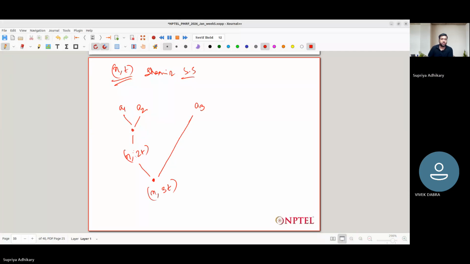So A1, A2, A3. Similarly, if we multiply it with A4, a different share, each of these are NT shares. So after multiplication, this will give us an N4T share and so on.